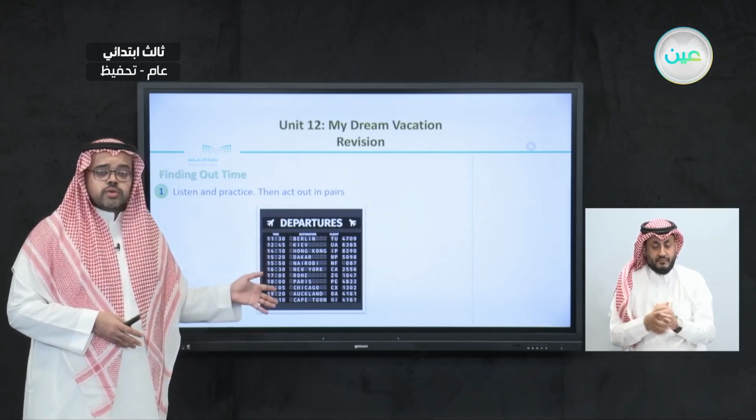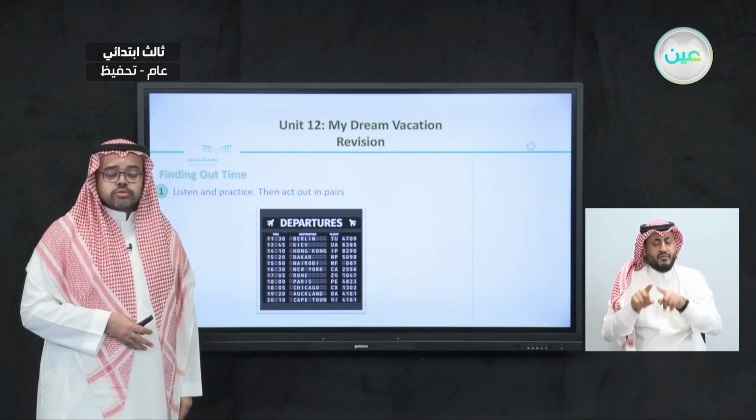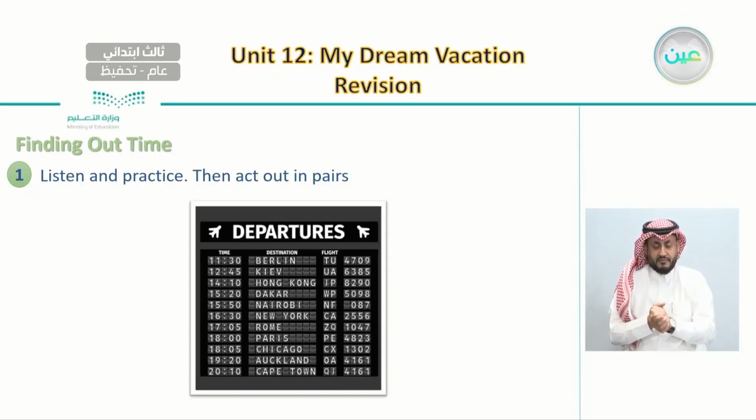The first question we have learned is about this flight board. If you have a look at this flight board, you can see there are 3 columns. The first one is about time, which means the time when the flight is going to take off.